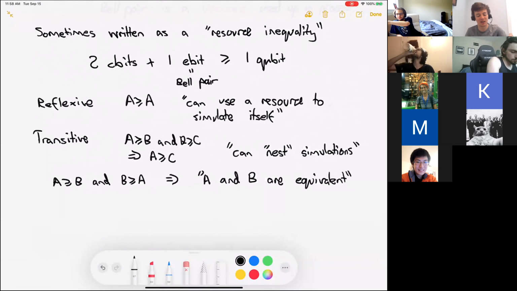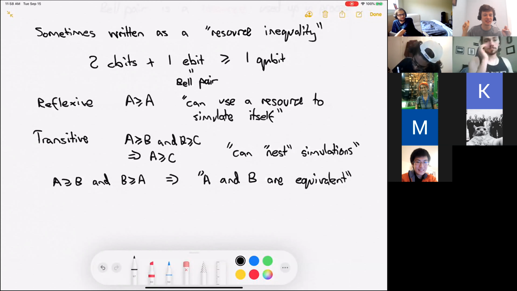Often we won't actually care about just having 1 E-bit and say 2 classical bits. We'll imagine taking a large number of each. We'll imagine scaling everything in the equality up to some large number of copies. It turns out if I have a large number of copies of a partially entangled state, then I can use that to distill out.